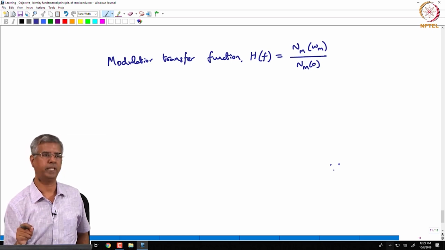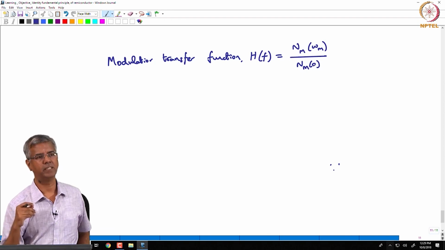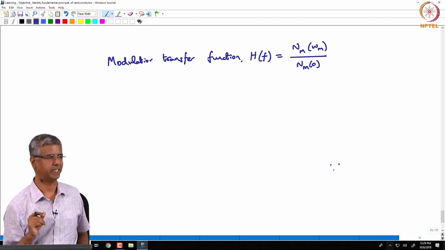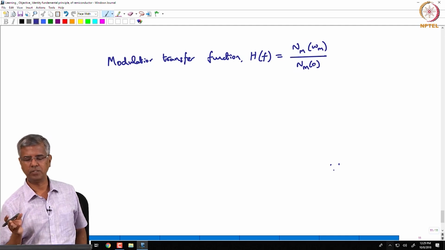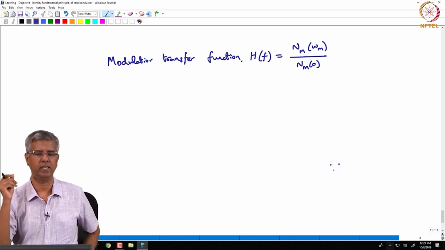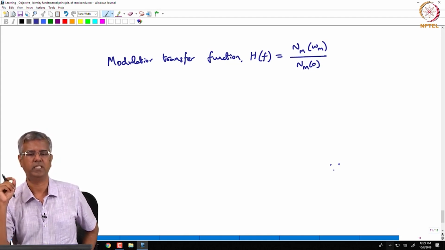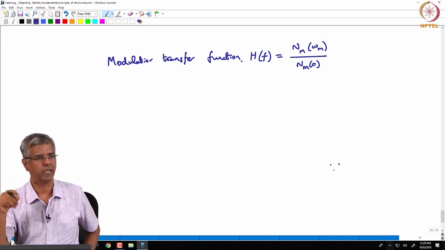I want to know whether the number density is tracking that, and you can probably see intuitively that as I go faster and faster with my injection, I may not be able to catch up because of two things.